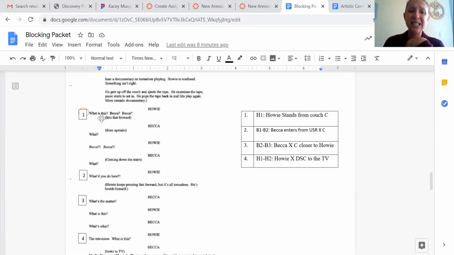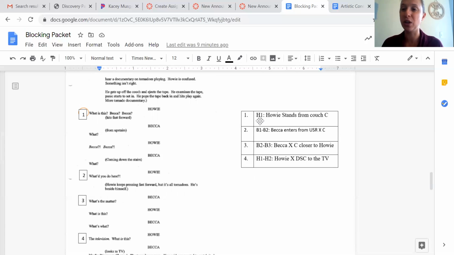Howie says, what is this? Becca? Becca? So on number one, Howie is standing up from the couch, and the couch is center stage. Super, super simple. Now, way back when, I had told you that you're gonna shorten the characters' names, and that's what this is right here, where it says H1. H is for Howie, obviously, but the one just means that's the first time that he's moving at all.